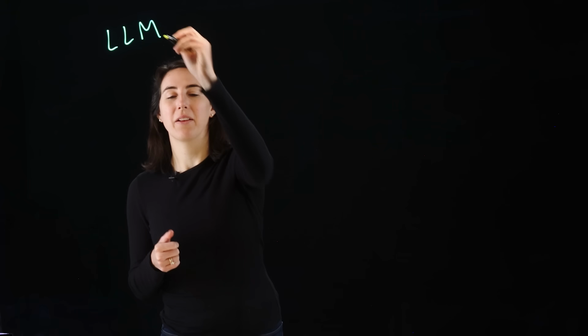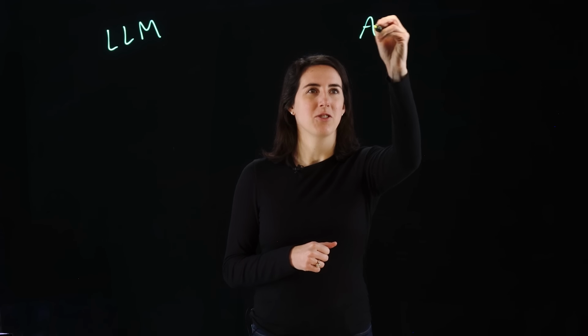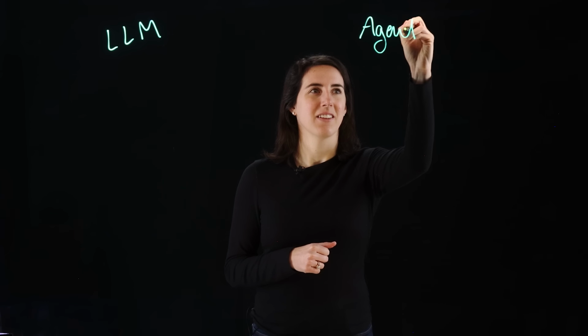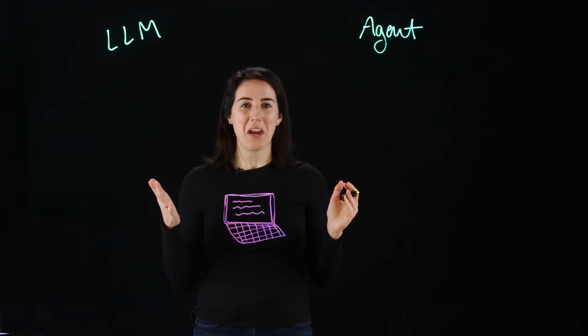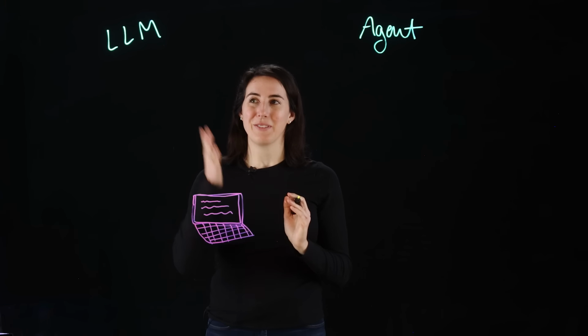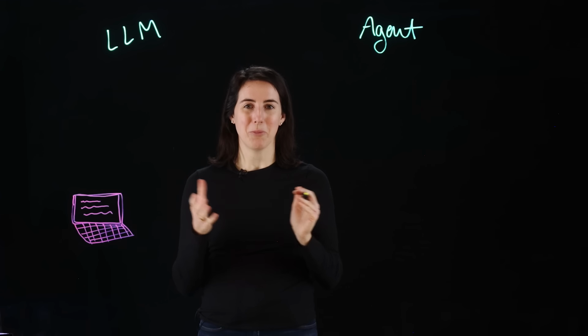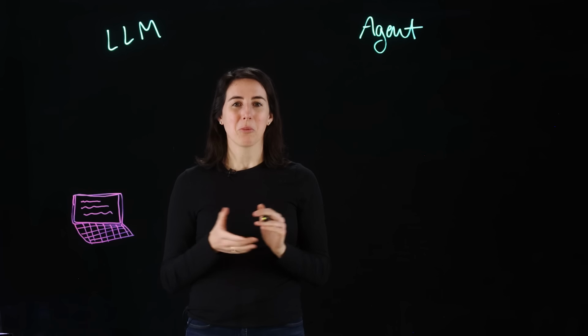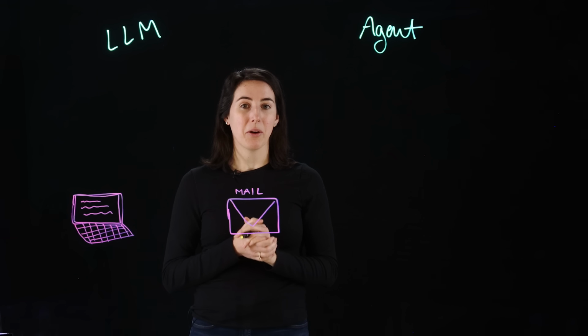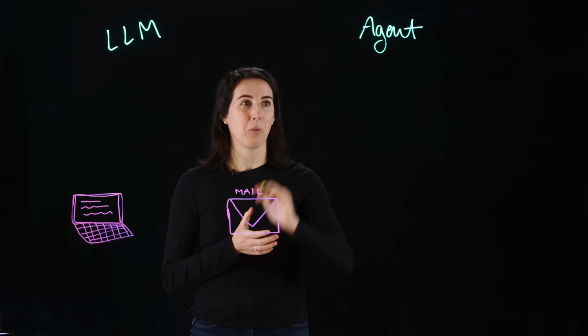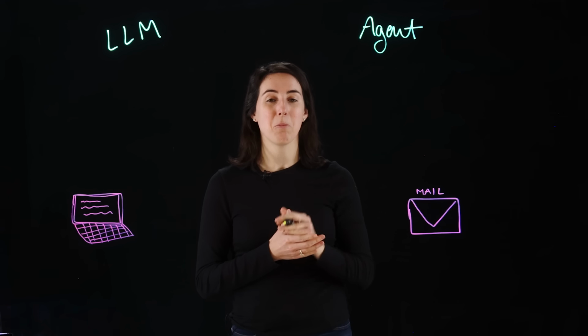All right, now let's take a look at some examples on when we should use an LLM and when we should use an agent. Scenario 1, writing a blog post. Let's use an LLM. Simple. Scenario 2, researching competitors, compiling data, and emailing a report. We're going to want to use an agent, right?